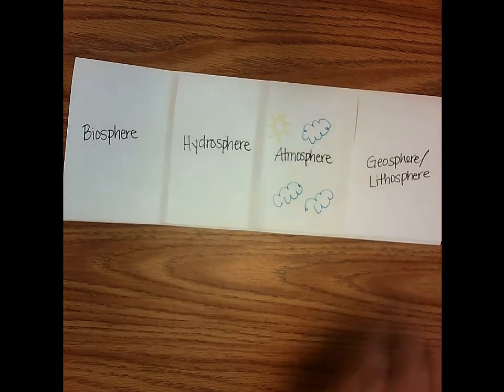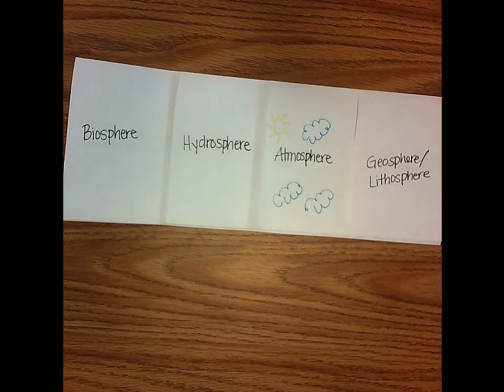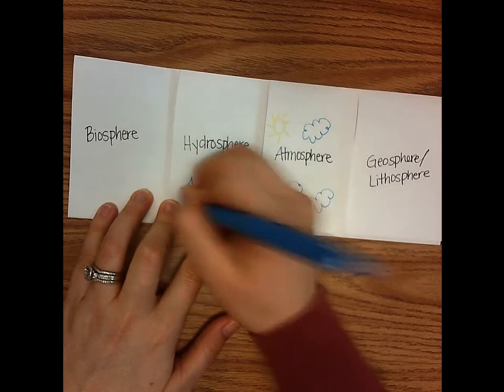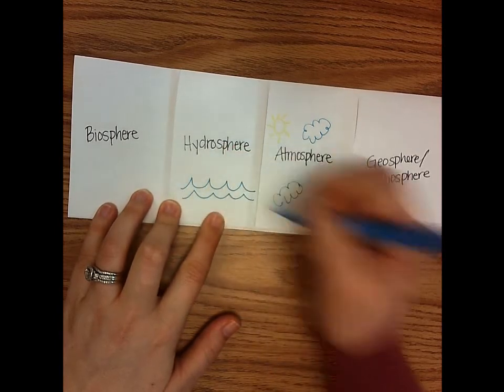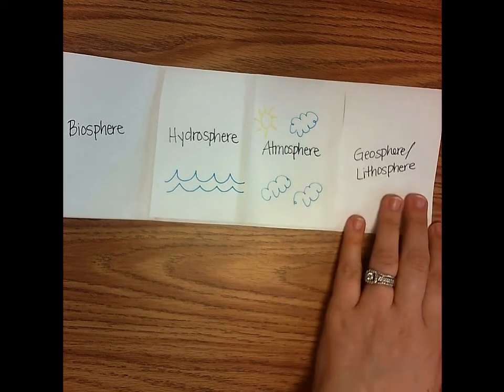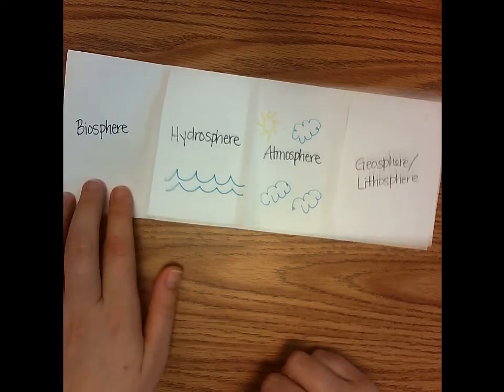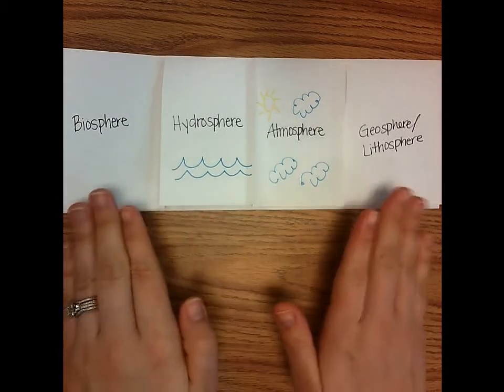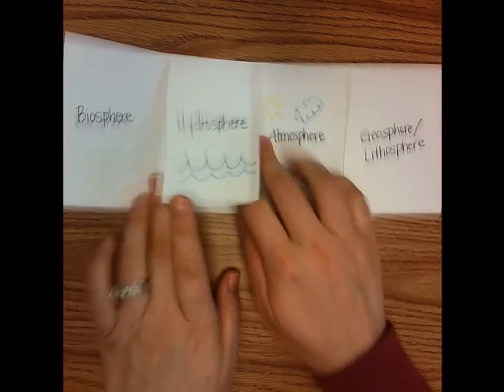Okay? For hydrosphere, that is everything that has to do with water. Okay, for the geosphere, I would probably draw Earth. The biosphere, I draw something living. Okay, so you have them labeled. You have a picture on the outside.